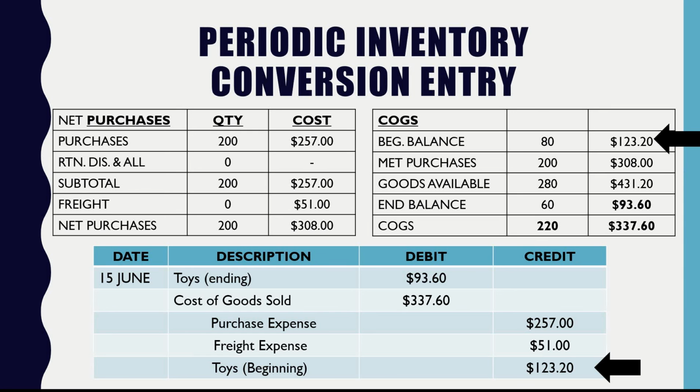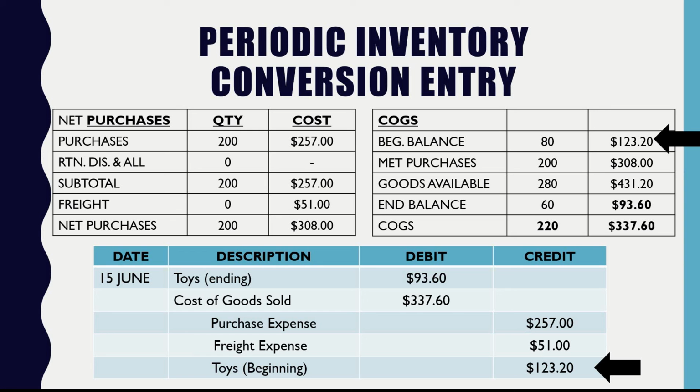That's why, when we look at our journal, we're still going to plug in the same numbers. Our inventory, the first one, is your ending inventory. That's what you're transferring into the inventory account. In this case, it was the $93.60. We also calculated how much it cost us to sell 220 items. It cost us $337.60. That was my cost of goods sold.